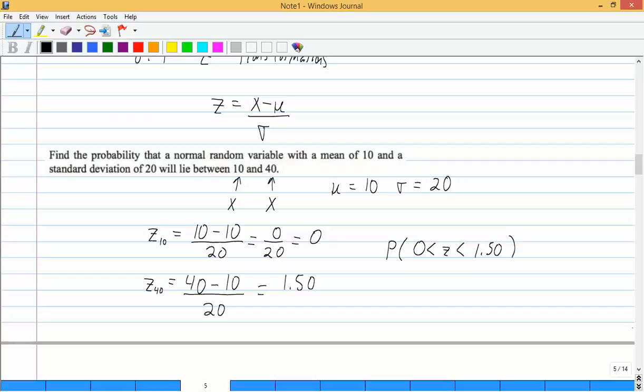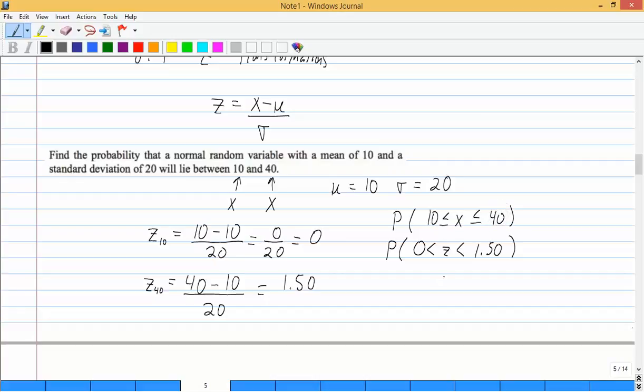Now that is the same thing as if I was to write the probability that my x value is greater than or equal to 10, less than or equal to 40. Both of these statements for this problem mean the same thing, because for a data item of 10, I have a z-score of 0, and for a data item of 40, I have a z-score of 1.5.